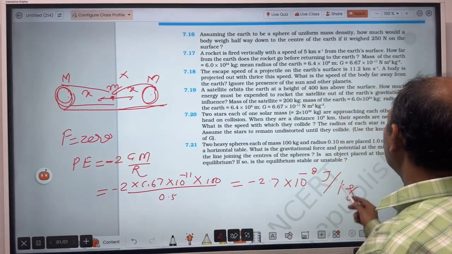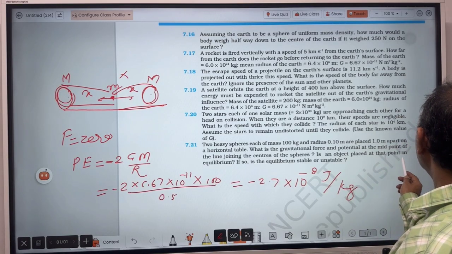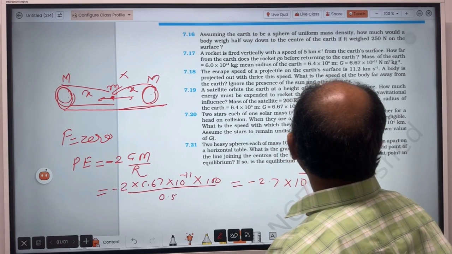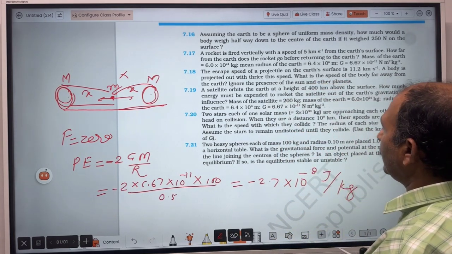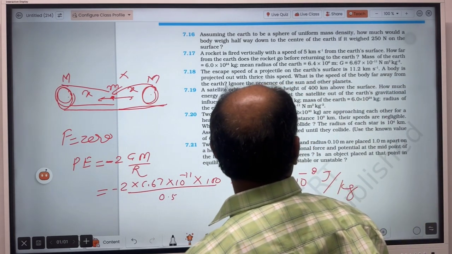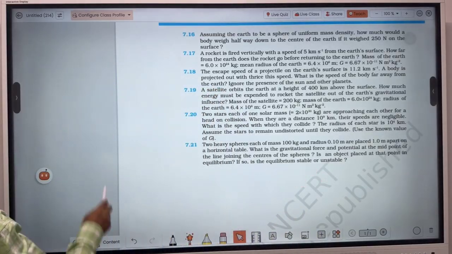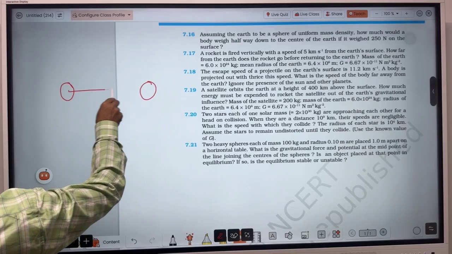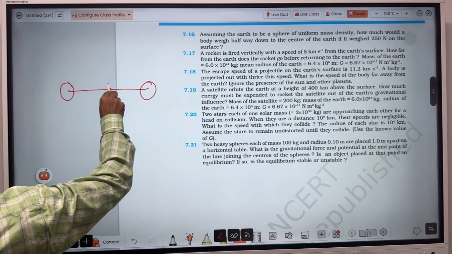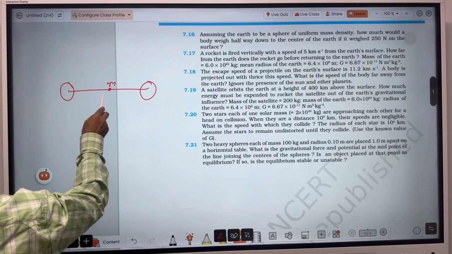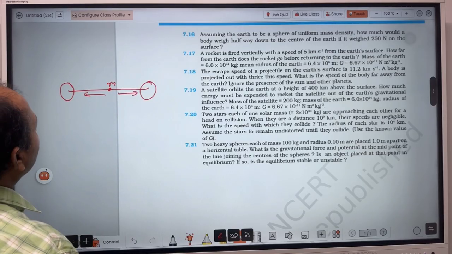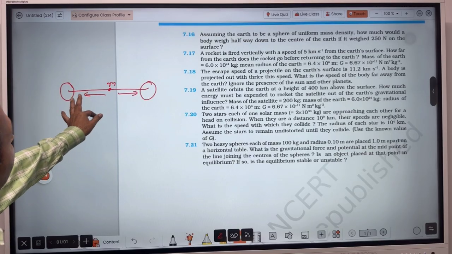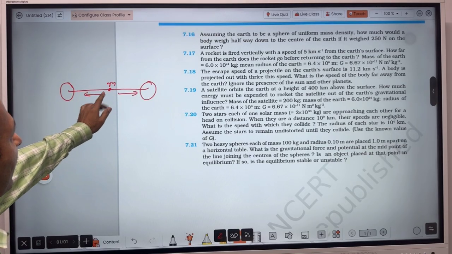Now, the next question is, if you place any object at the center, then will the object be in equilibrium? If yes, then will it be stable or unstable? So here, suppose you place something here, force in this direction and force in this direction will be same. But to check whether it's in equilibrium, that is okay.